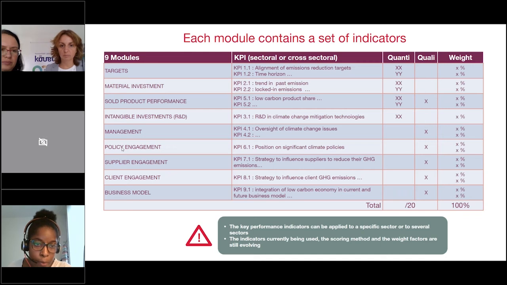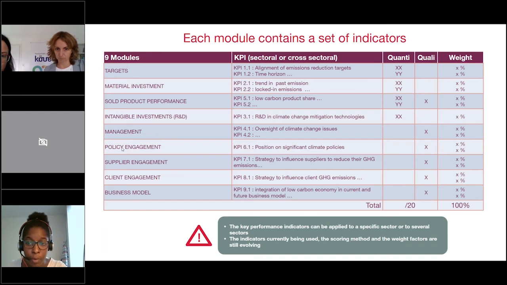And we have, for example, the target module, which contains an indicator about the alignment of emission reduction targets with the 2-degree trajectory, or the material investments as an indicator of the R&D related to climate change mitigation. So the KPI can be applied or not to a sector depending on the relevance for these sectors, and also depending on the weight attributed to the module in the final score.